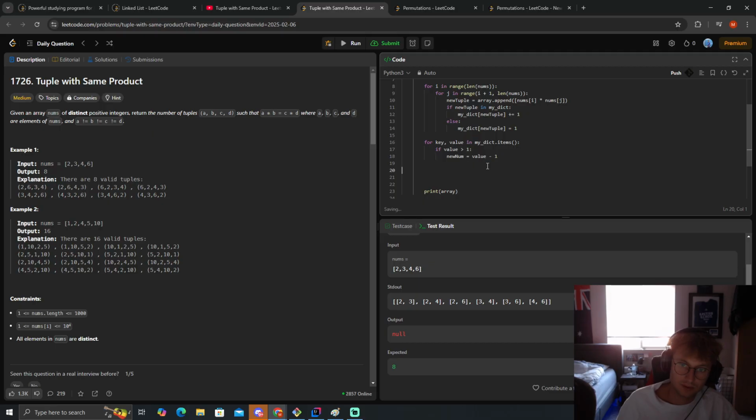Then we do res plus equals value times 8. But this is definitely wrong. Return res.